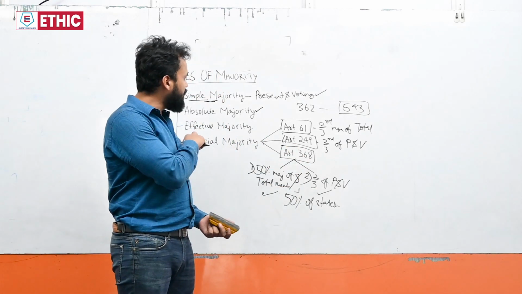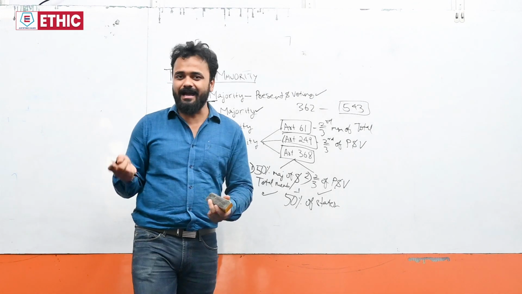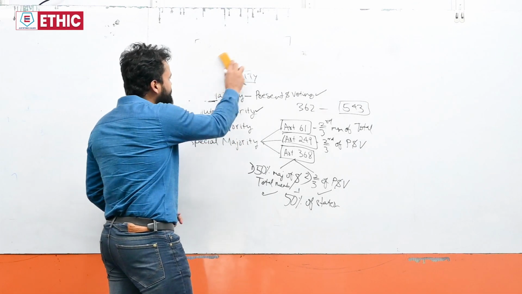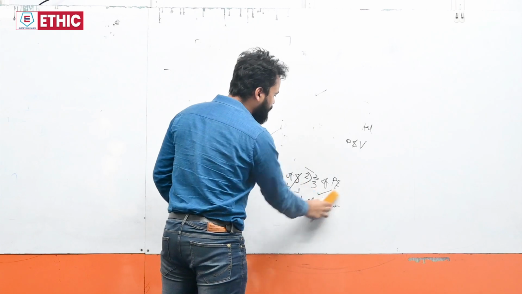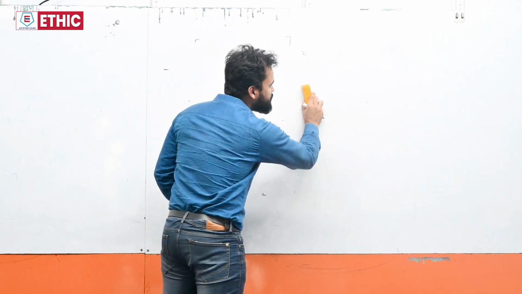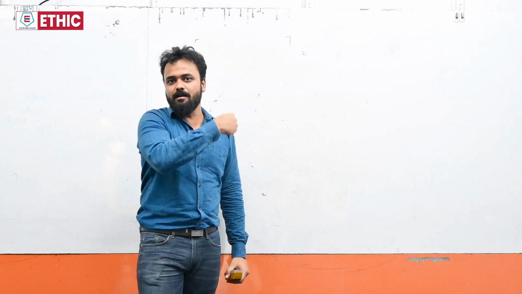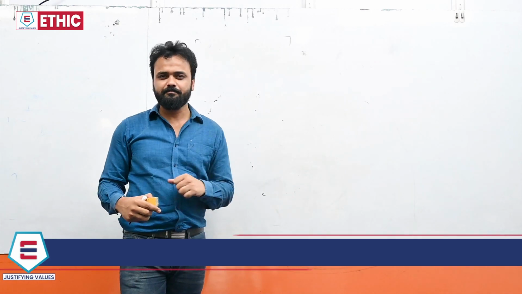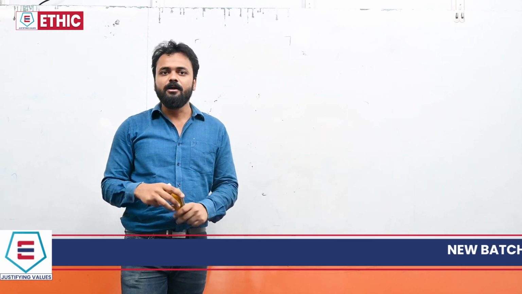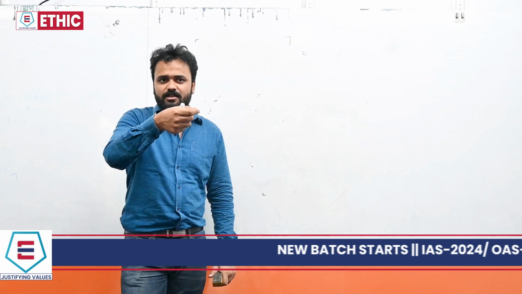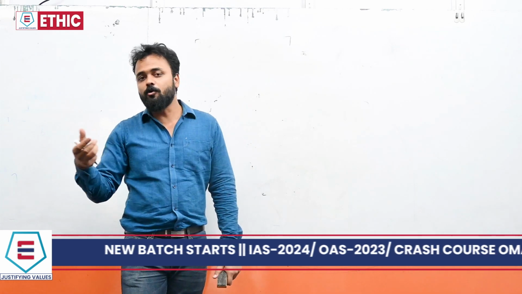So that's all about types of majority. Now I had said these majorities are extremely important from an Indian polity point of view, not just from the point of view of prelims, because you can very well guess that n number of MCQs can be asked from these majorities. You also need to know which kind of majority is used for which process.